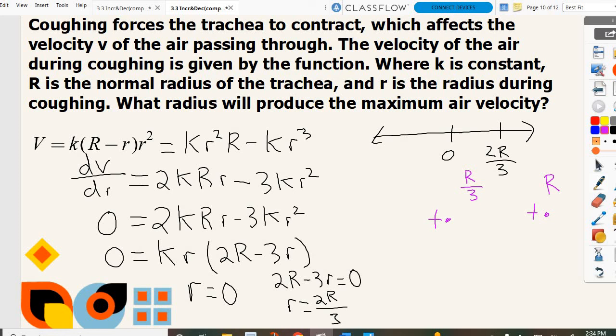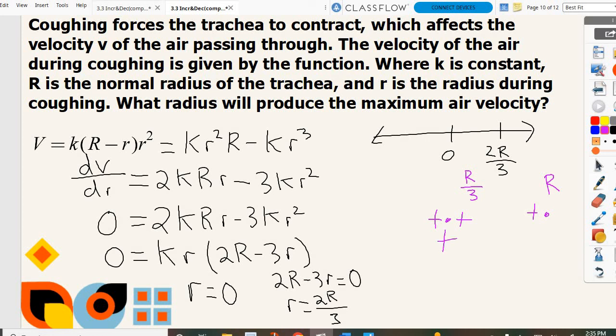Exactly. So if I plug in R divided by 3 for my little r, I would get 2r minus big R, which is just going to be R. And again, R has to be positive, so this would also be positive.